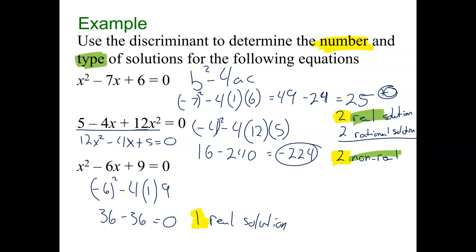Real, non-real. Those are your 2 options. Real or non-real. Okay?